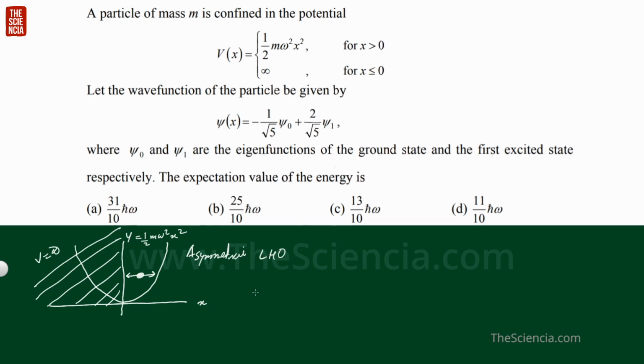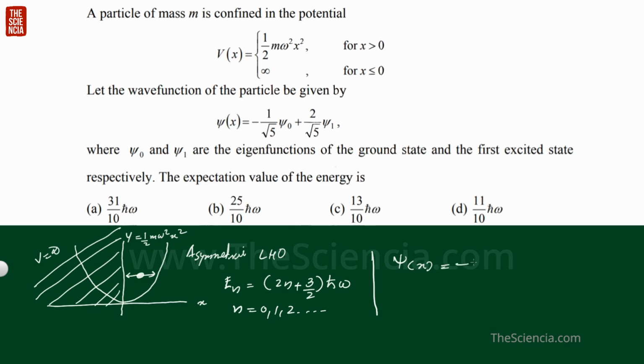And for an asymmetric linear harmonic oscillator, the possible energy eigenvalues, that is En, are defined as 2n plus 3 by 2 into h cross omega, where this n can have values 0, 1, 2, etc. If you substitute n equal to 0, that will give the ground state energy of a particle confined in this potential.